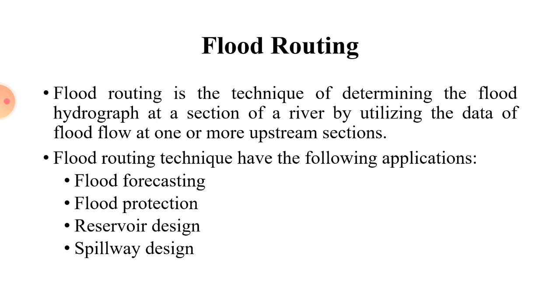Or it's a technique of determining the flood hydrograph at a section of a river by utilizing the data of flood flow at one or more upstream sections. And the flood routing technique has the following applications: flood forecasting, flood protection, and design for reservoir and spillway design.